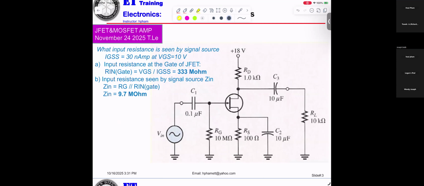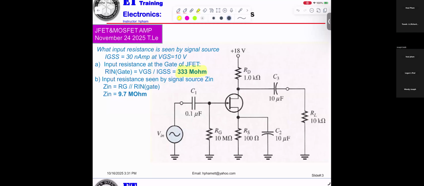Input resistance at the gate of JFET will be R in gate equal VGS divide IGSS. That's why you can get 3.3.